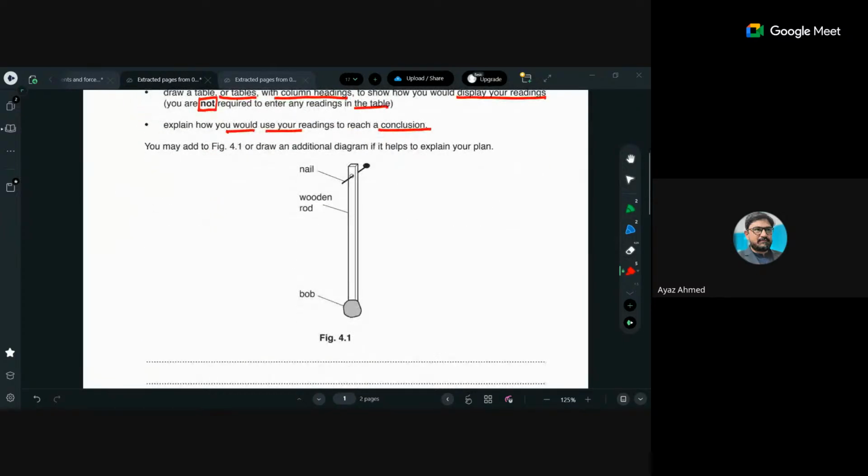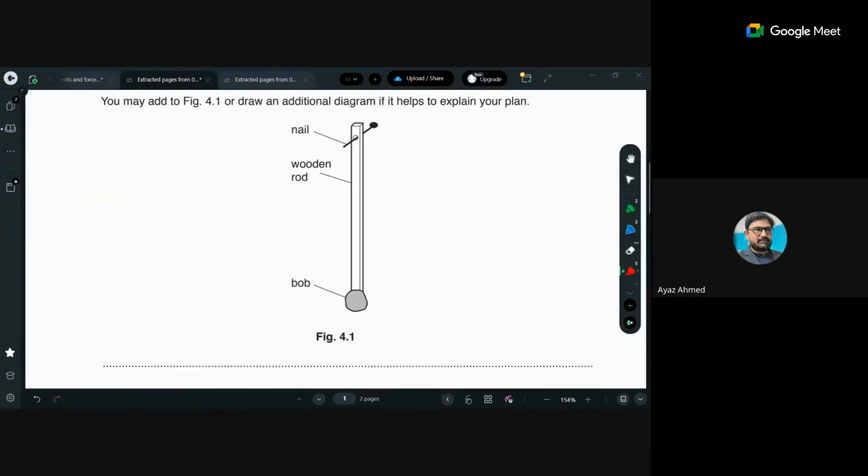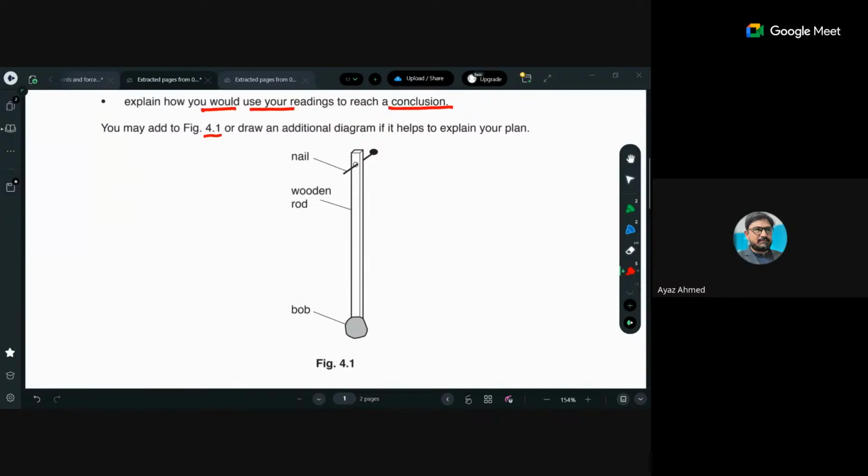Now this is a diagram, and a diagram helps us a lot in how we will manage this experiment. You may add to figure 4.1 or draw an additional diagram if it helps to explain your plan.